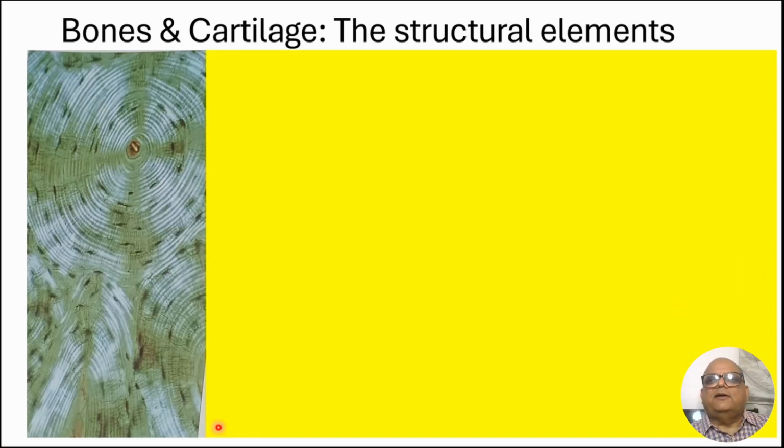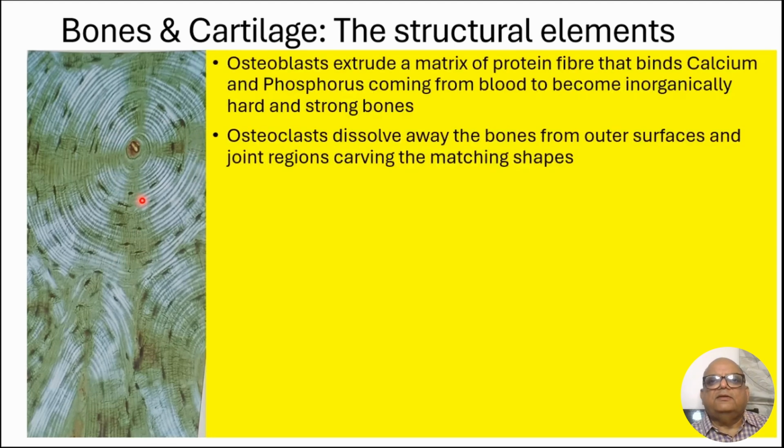Now, talking of bones and cartilage, of course, the inside is the forming surface, the outside is the dissolving surface, and it grows in layers. Osteoblasts will exude a matrix of protein fiber, which becomes kind of a fabric that binds calcium, and ossification takes place. The calcium and phosphorus is stored there.